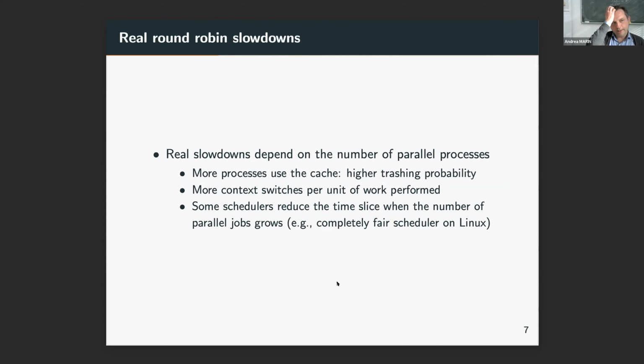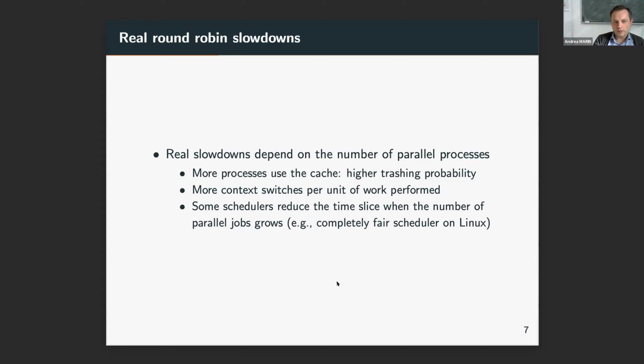The real-world slowdowns for round robin are more complicated than just saying 10% of the service rate, of course, because it depends on many factors. Basically, the costs of context switch are usually divided in two parts. One part is called the direct cost, which is the cost of making the context switch, changing the context of the running process. In modern architectures, these costs are very, very small, almost negligible.